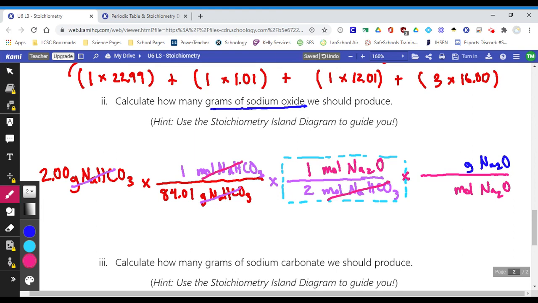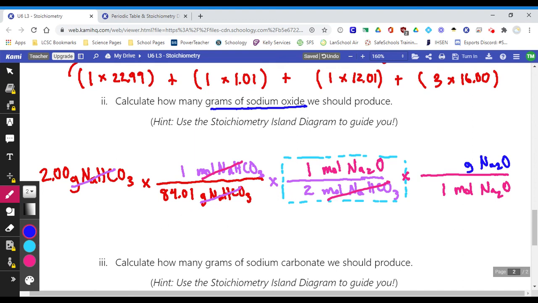All right. This is not a mole to mole ratio, so I can be 1 with moles. I'm going to put a 1 down here. All right. So this question is asking me, in 1 mole of Na2O, how many grams of Na2O do I have? So I'm adding up the molar mass of 2 Nas and 1 O, just like I did up here for my NaHCO3.